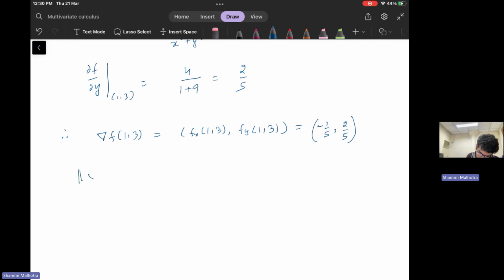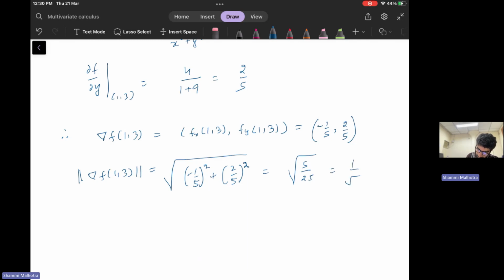So the norm of this is square root of minus 1 by 5 square and square of this, so this is 5 upon 25. This will give me 1 by root 5.